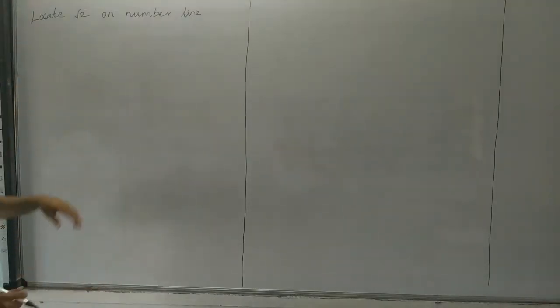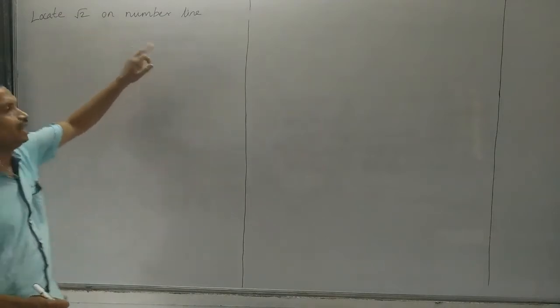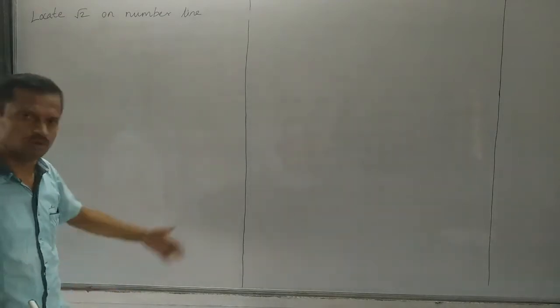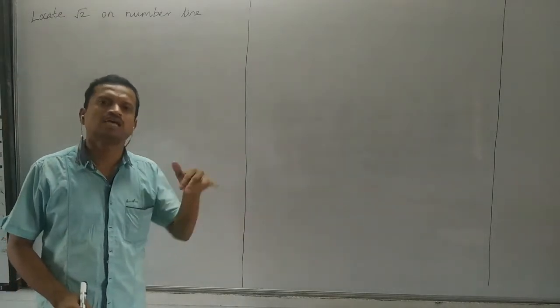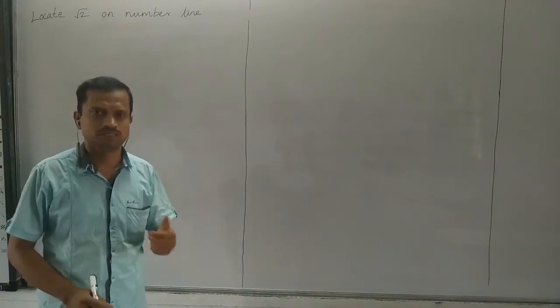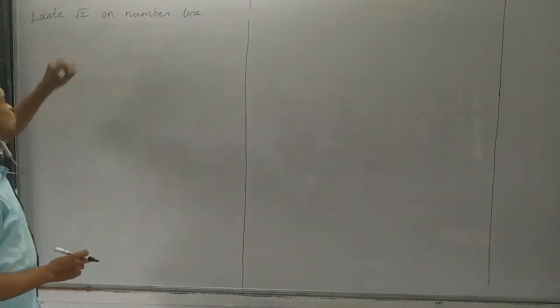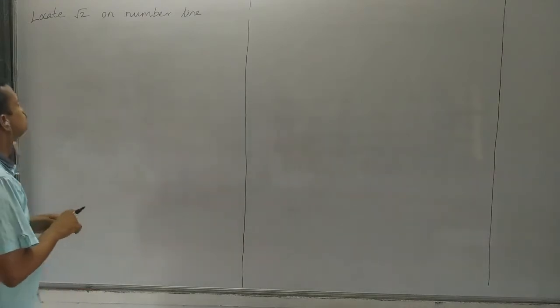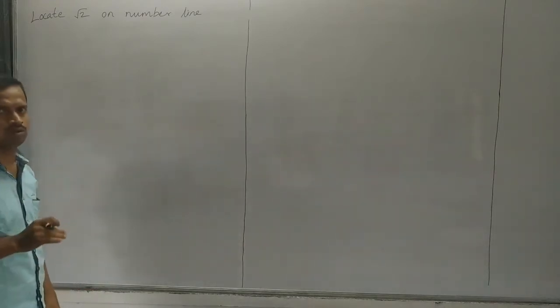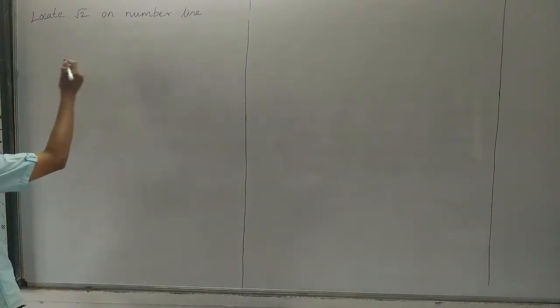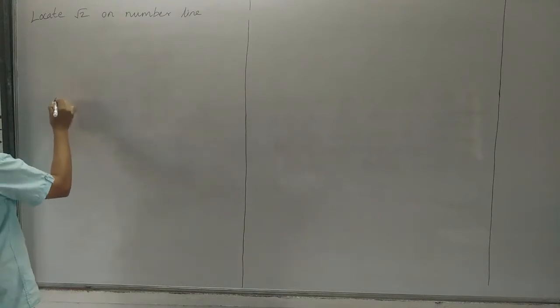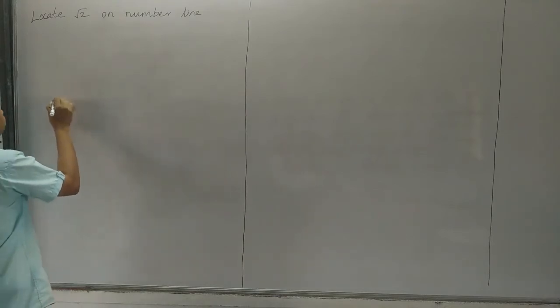So now locate root 2 on the number line. Before that, we located a rational number 3 by 5 like that. But now root 2. So how to do this? Listen carefully. Very easy, but you have to focus here. So just draw a number line.